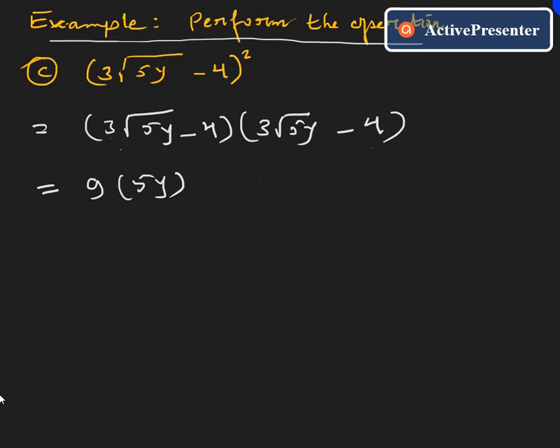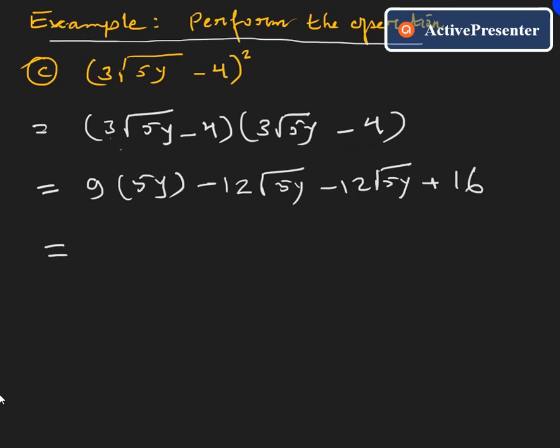Now minus 4 multiplied in 3 square root of 5y. This is equal to also minus 12 square root of 5y, and minus 4 multiplied in minus 4 is equal to plus 16.